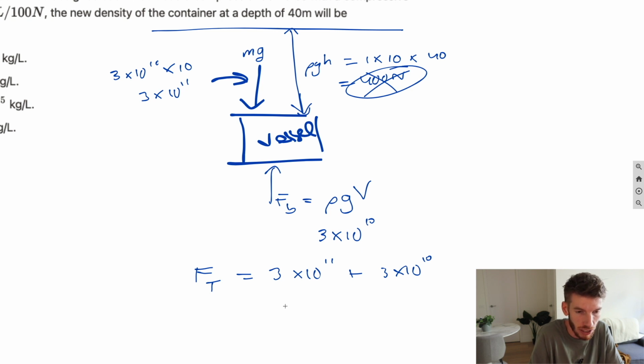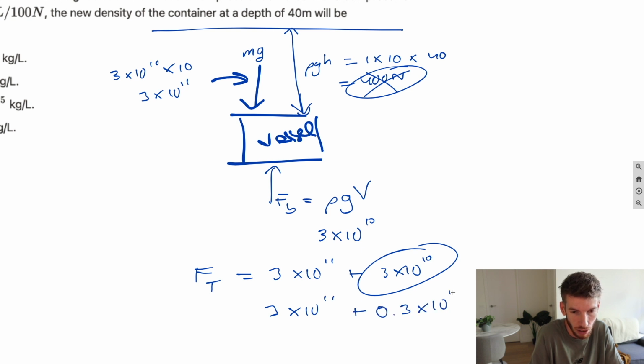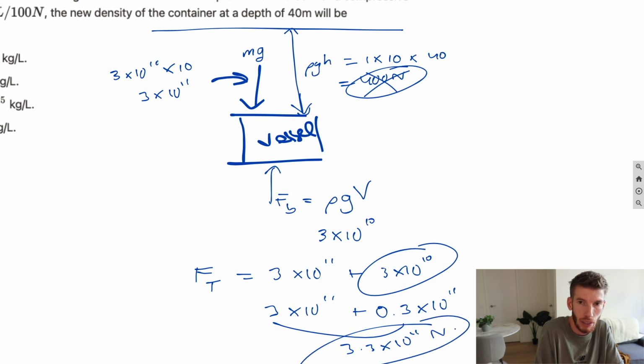And so an easy trick for this is I can scale it up to a times 10 to the 11, but I just have to adjust this to 0.3 like that. And now I can add these two and get 3.3 by 10 to the 11 newtons is the force that's being applied like that.